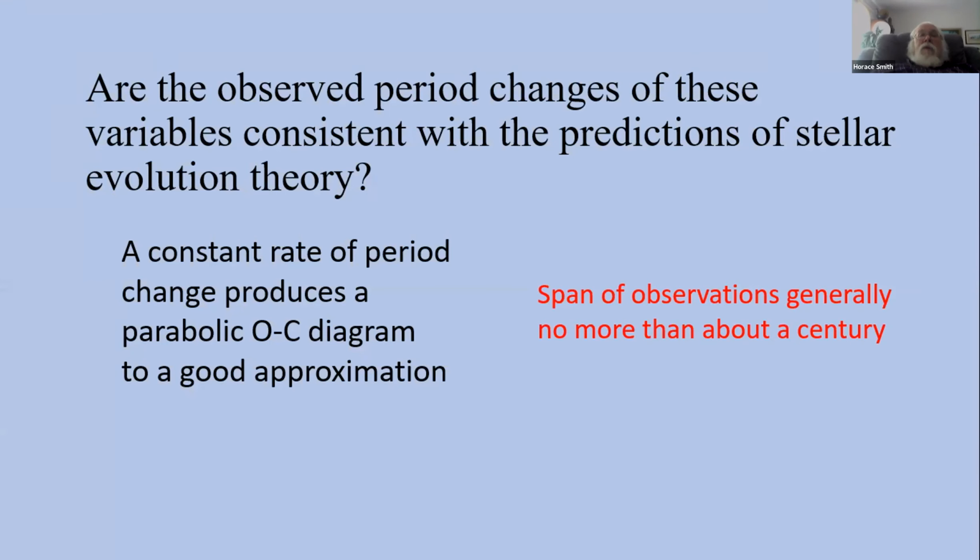So are the observed period changes consistent with the predictions of stellar evolution theory? And we had an introduction to O-C diagrams in the last talk. I'll remind people that if you have a star that's changing in period at a constant rate, and you make an O-C diagram with a single period, you'll end up with a parabolic O-C diagram to a very good approximation.